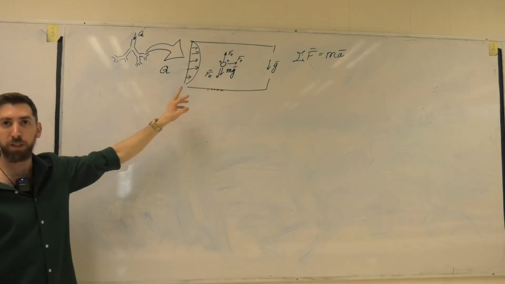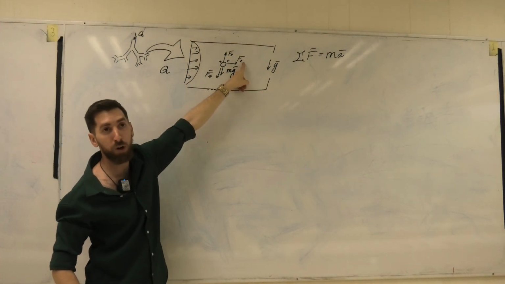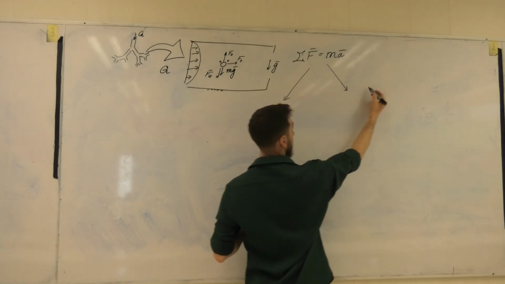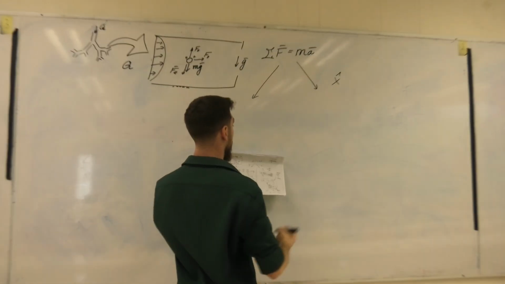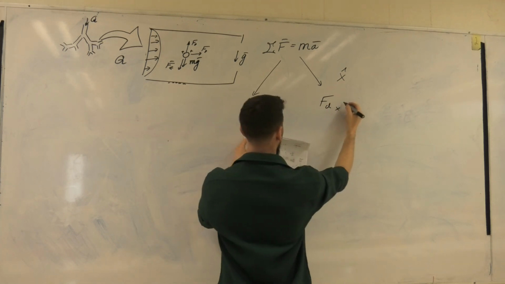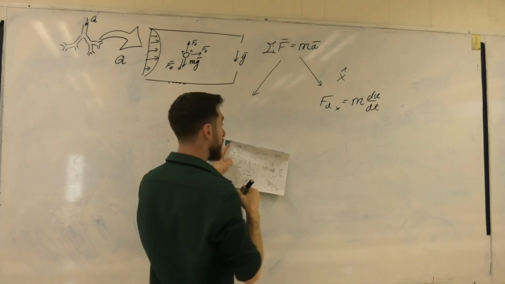So if the flow is in that direction, the drag is in that direction. Let's remind ourselves. If I split this into the x-axis, we have the drag force in the x-coordinate, which equals m du/dt. And what is the drag force?